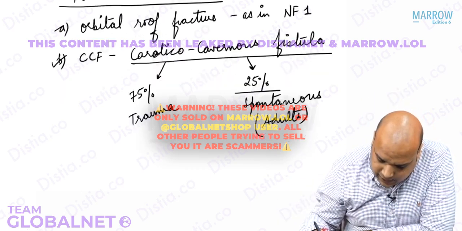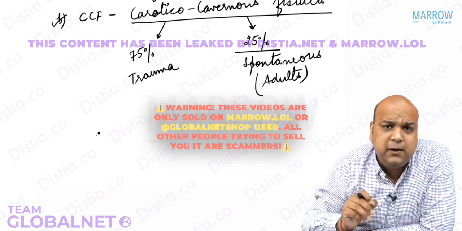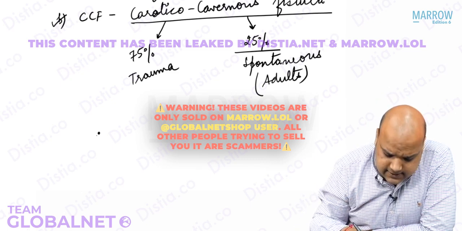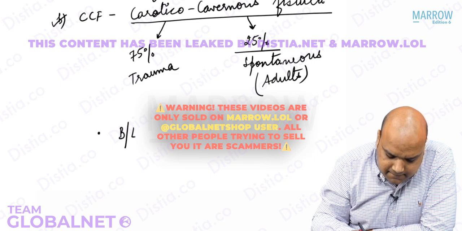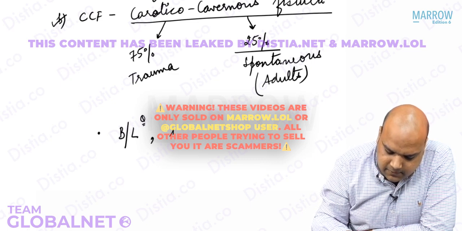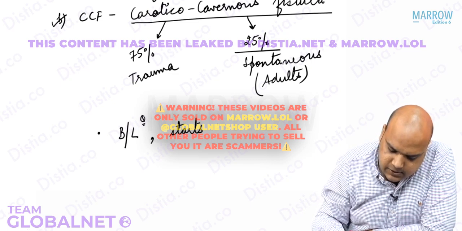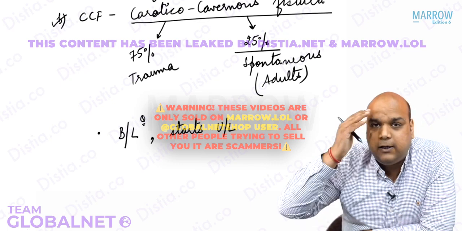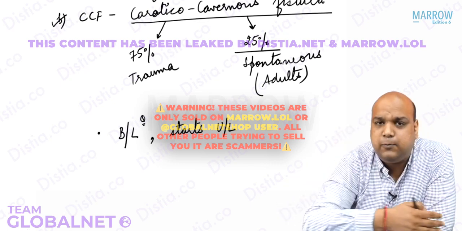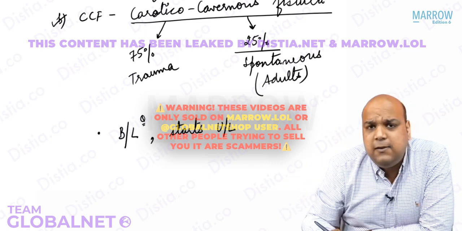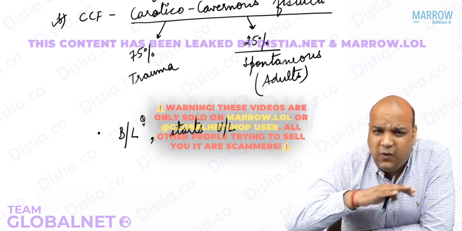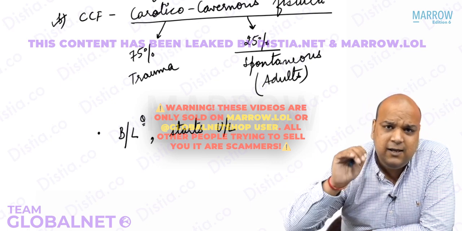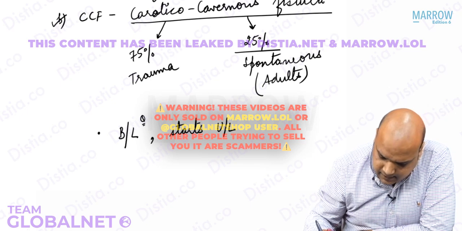Now, along with this, what you should be able to remember about carotico-cavernous fistula is that it is bilateral but starts unilaterally. So it will occur on one side first and then the proptosis, and then the condition will make it bilateral. But almost always it is bilateral in every case.